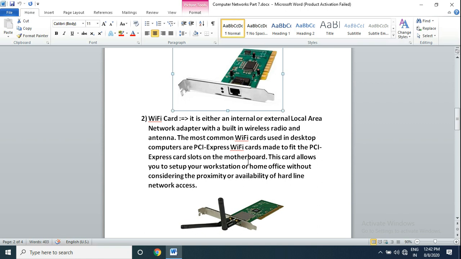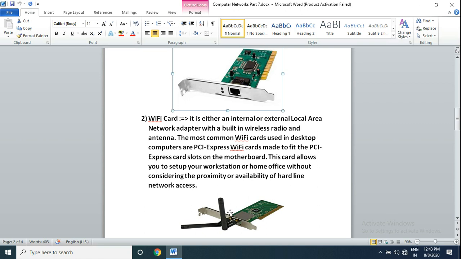This slot is already built into the computer, so we can attach the card directly to it. This card allows you to set up your workstation or home office without considering the proximity or availability of hardline network access.